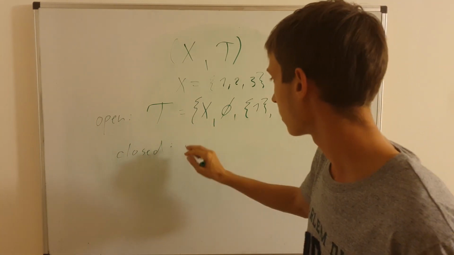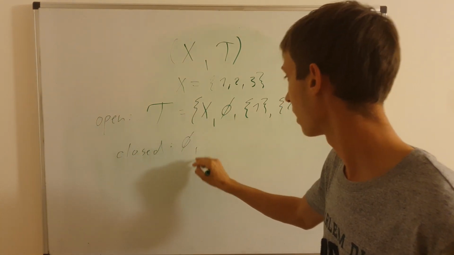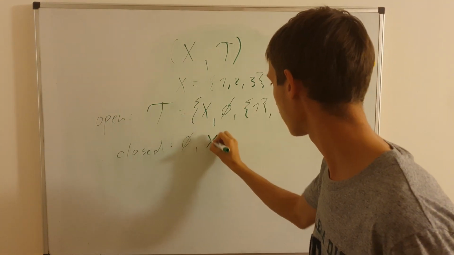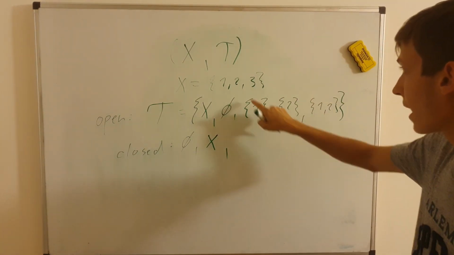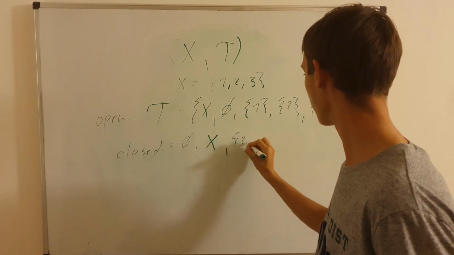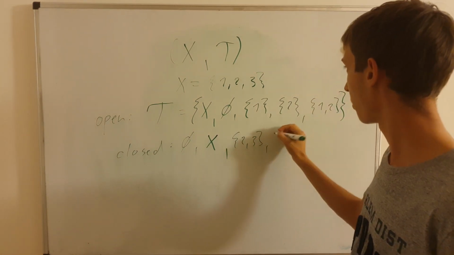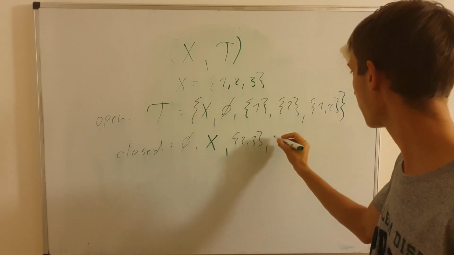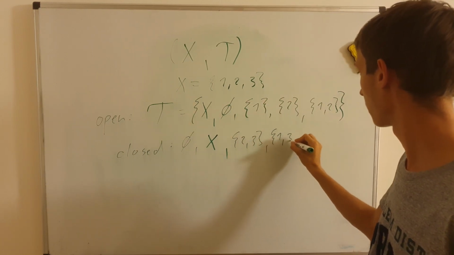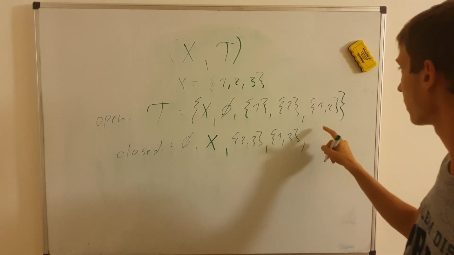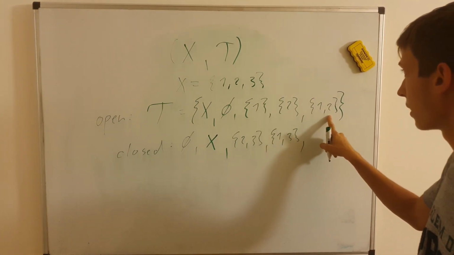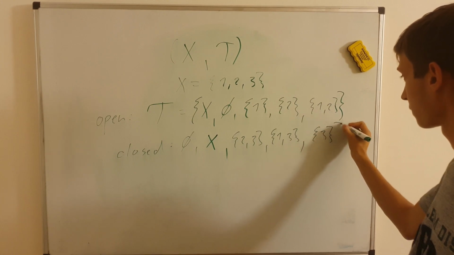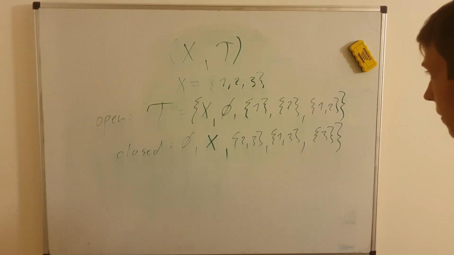So the complement of X, the whole set, is the empty set. The complement of the empty set inside X is the whole set X. Then the complement of {1} in X is the remaining {2, 3}. The complement of {2} is {1, 3}. The complement of {1, 2} is {3}.